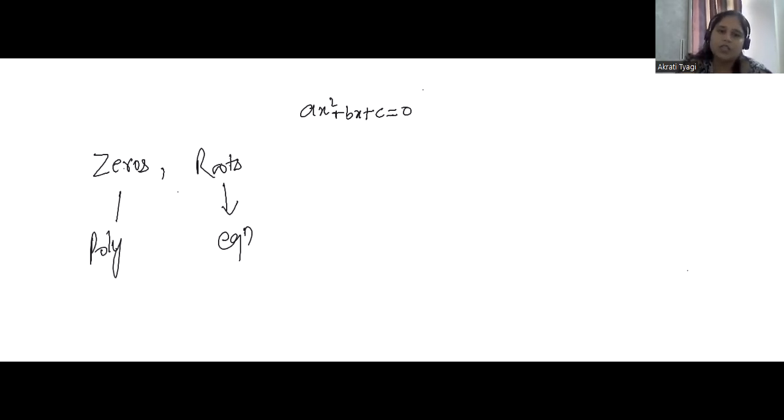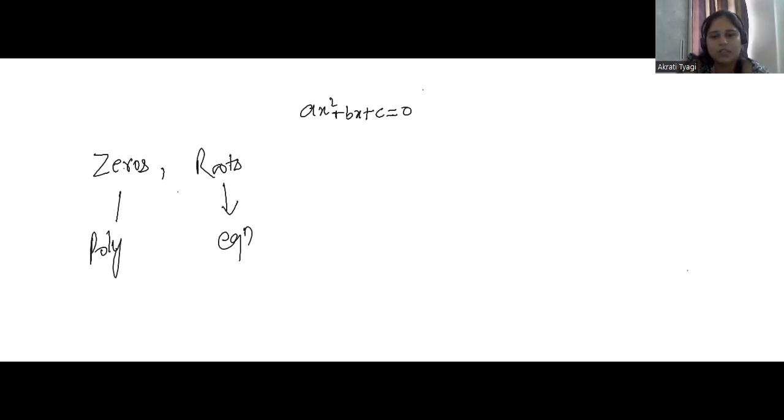So roots and zeros, how can we find them? The roots of the equation are the values of x given here. How can we find these zeros and roots?